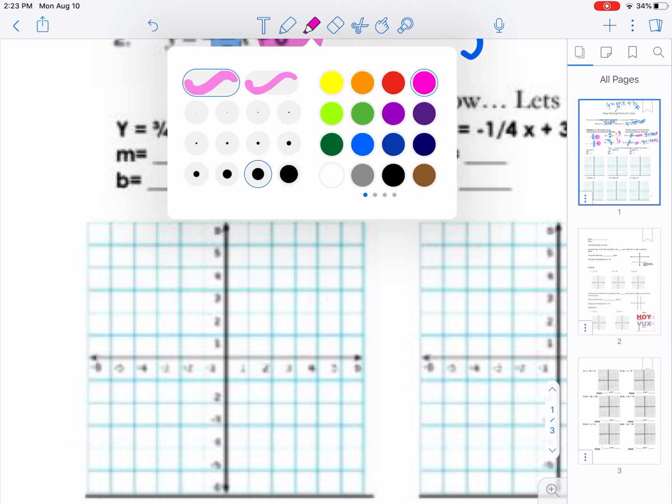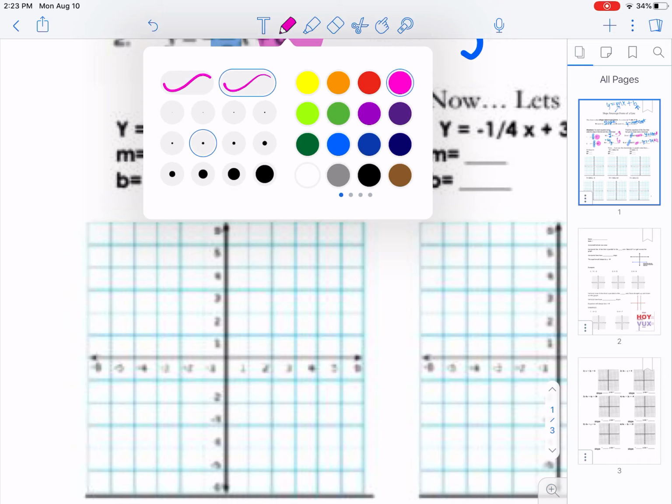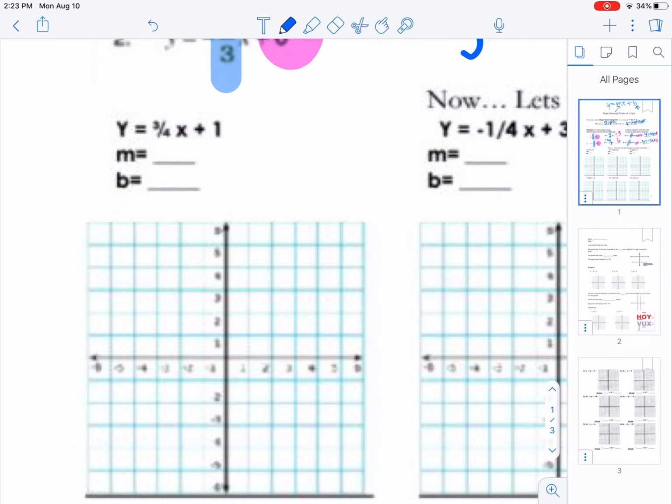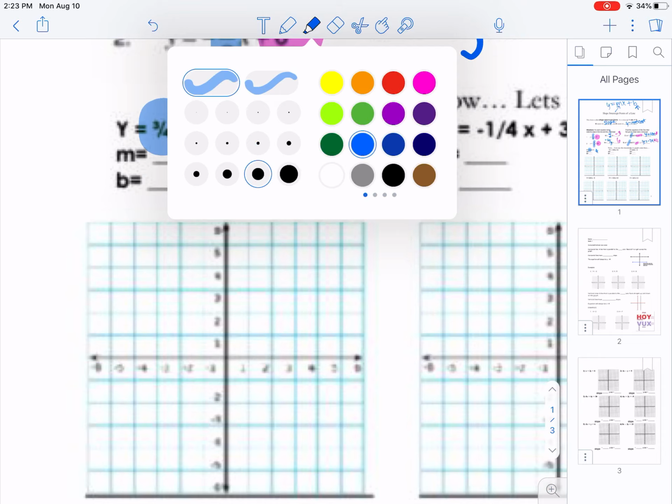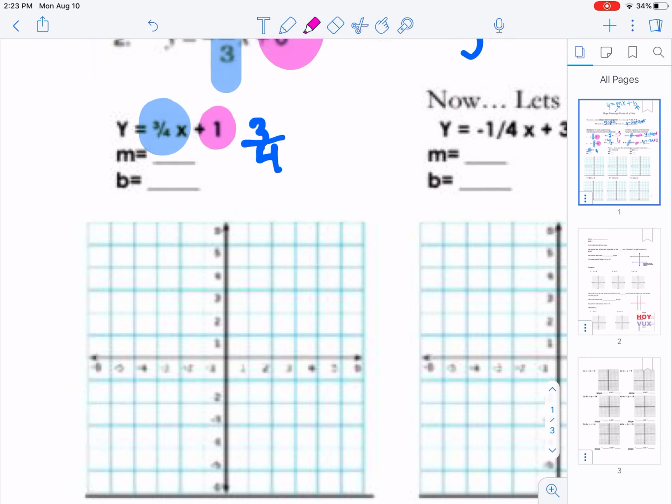So for the first one, we're going to start with slope. Slope is always the number in front of x. So this first one, my slope is 3/4. Okay, and then for this first one, the number that's by itself is 1. So my y-intercept is +1.